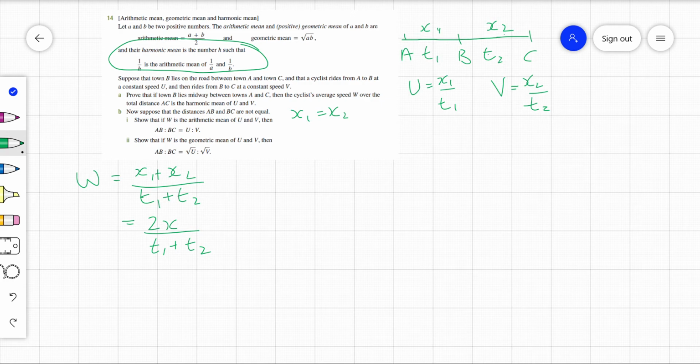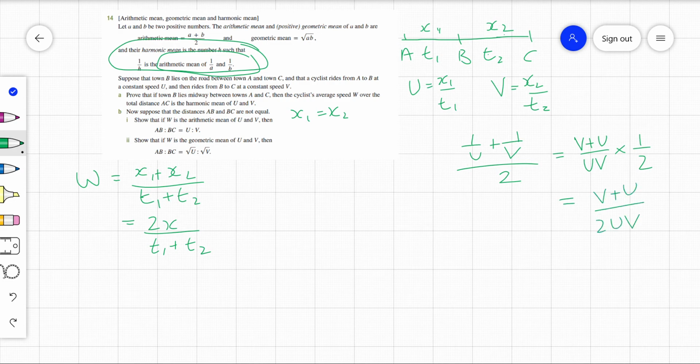So if I look at the arithmetic mean of 1 on u and 1 on v, I add those together and divide by 2. Now when I do that, you've got v plus u on uv divided by 2, so times by half, that would be v plus u on 2uv.